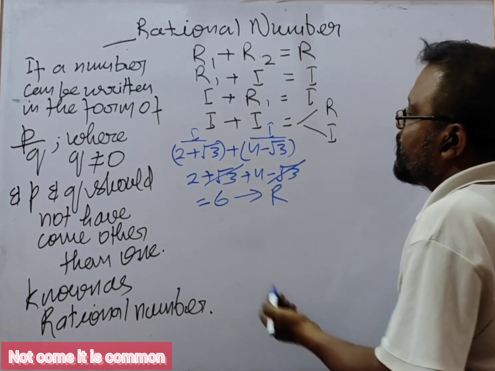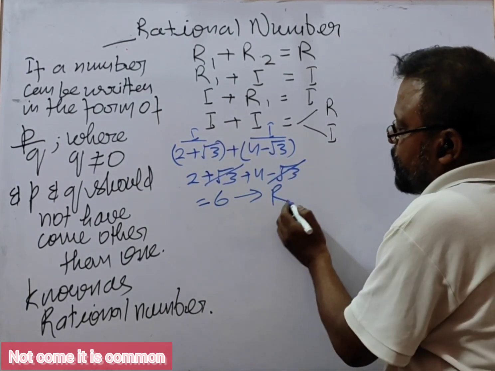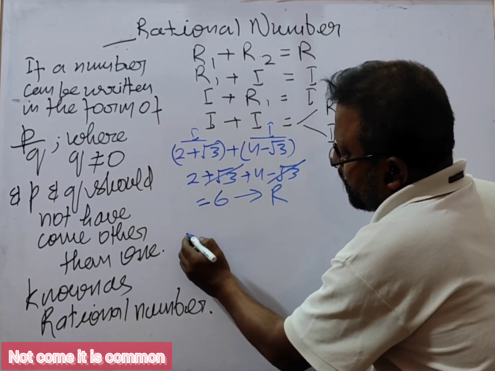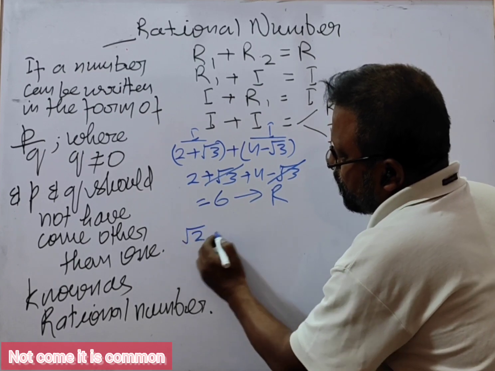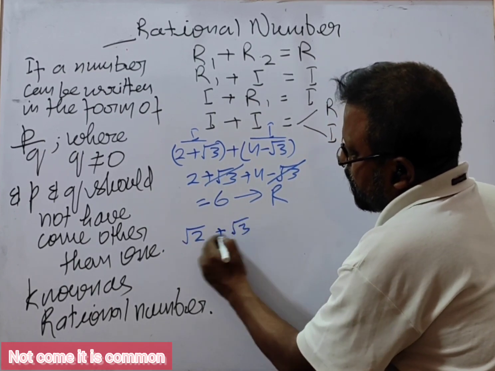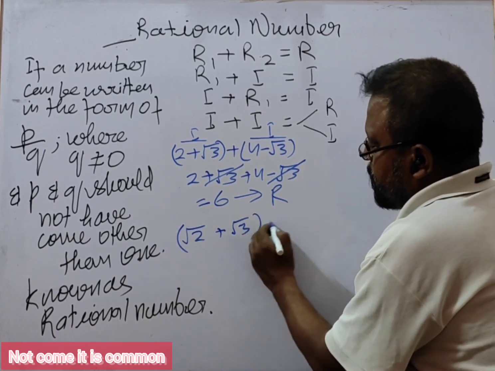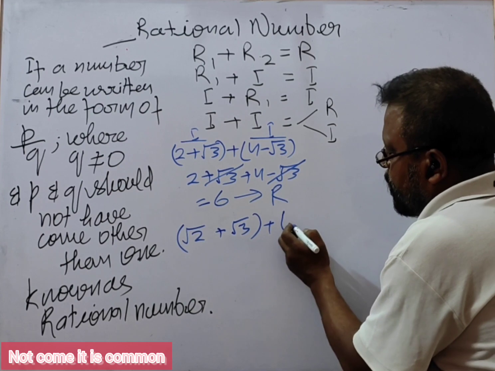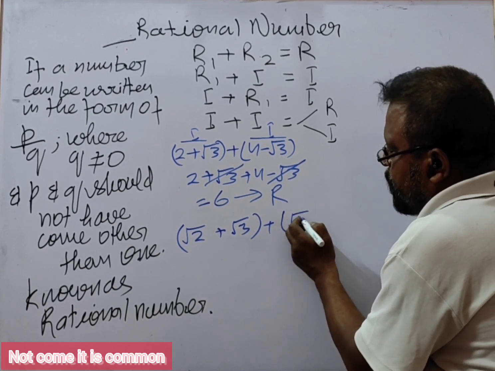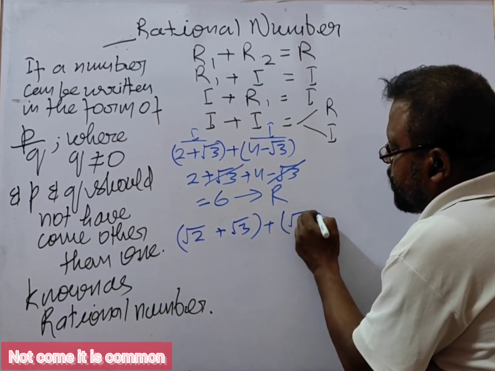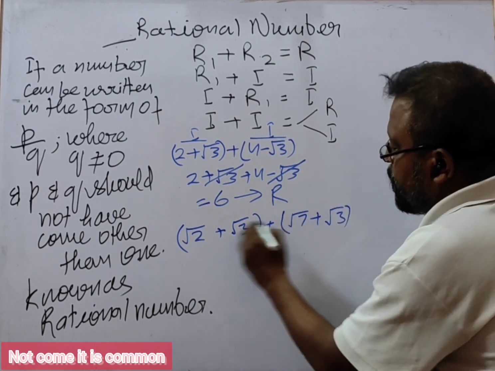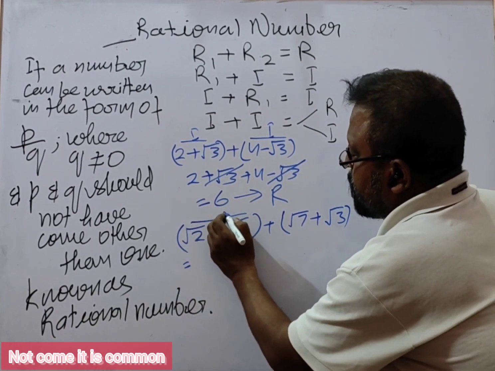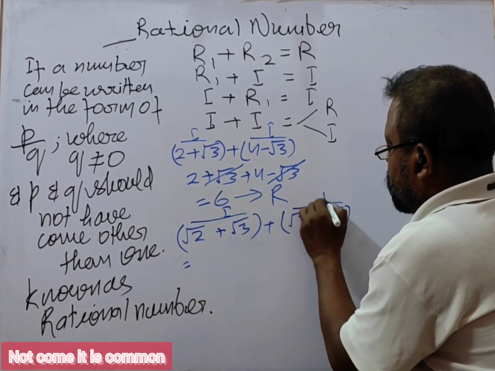So what happens? When you add two irrational numbers, you can get a rational number, right? If you take root 2 plus root 3, plus root 7 plus root 3, both are irrational numbers.